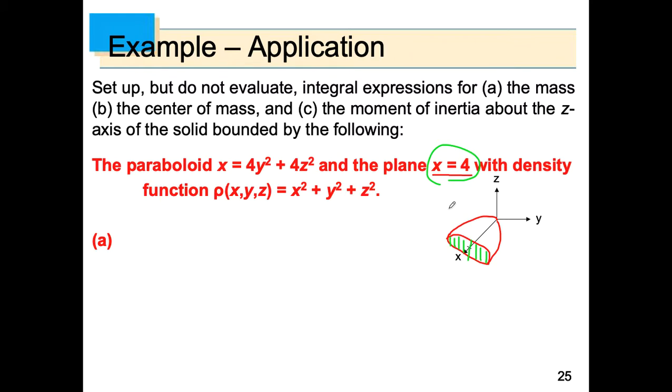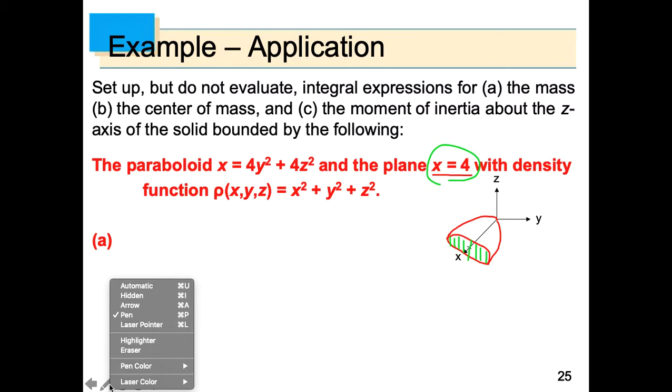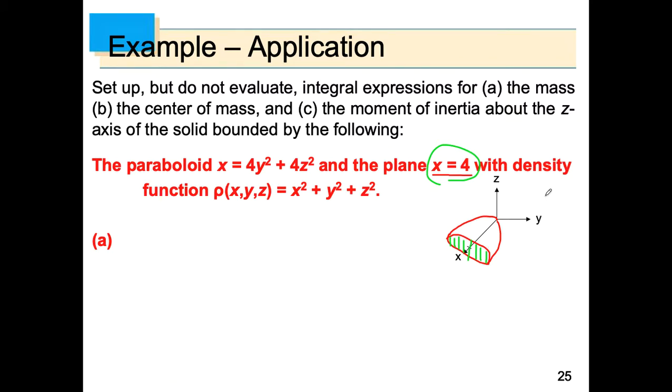That's the hardest part about section 15.6. In this particular case, the best way to solve this one would be a type 2 situation. This is type 2 because if I shoot my arrow, type 2 means I'm going to integrate with respect to x first.